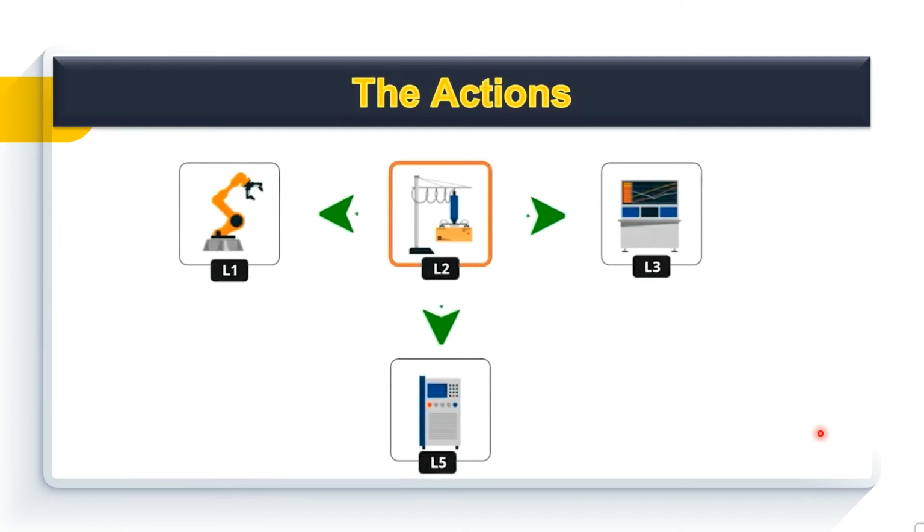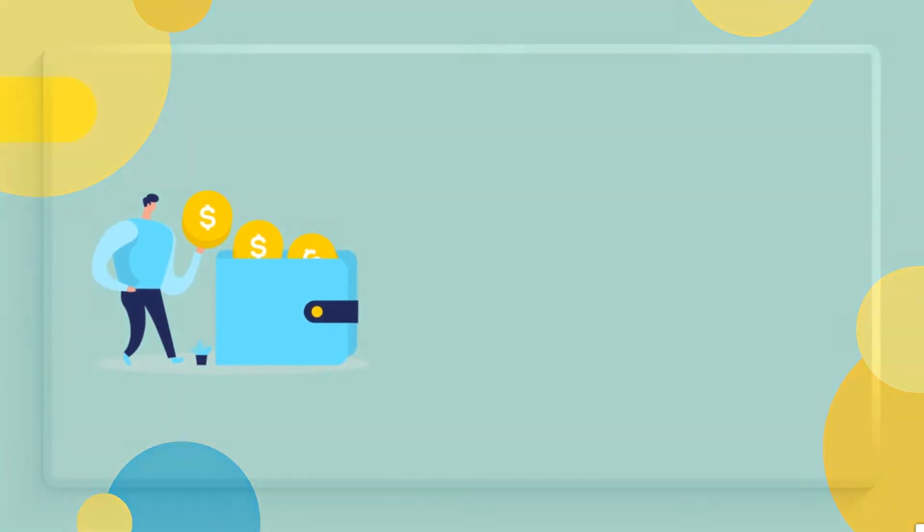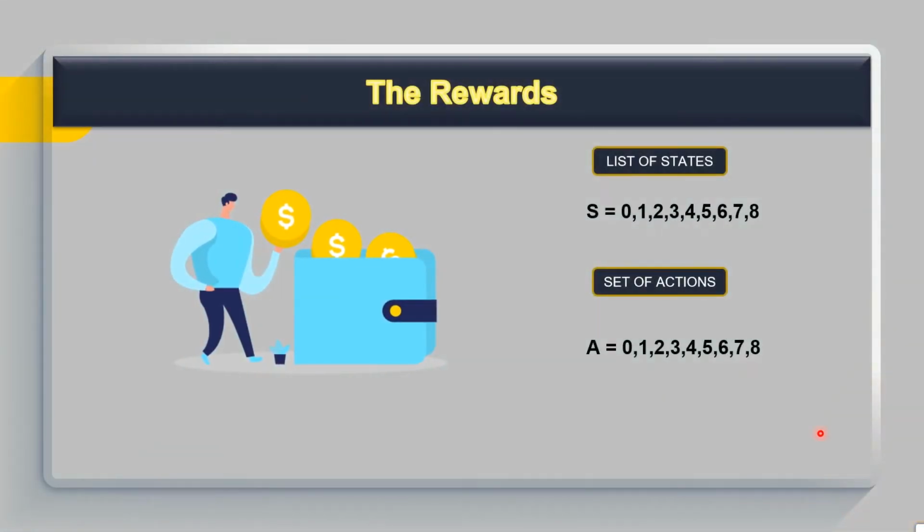Now that we are done with the states and the actions, let's talk about the rewards. So the states are basically 0, 1, 2, 3, 4 up to 8, and the actions are also 0, 1, 2, 3, 4 up to 8. Now the rewards will be given to a robot if a location, which is the state, is directly reachable from a particular location.